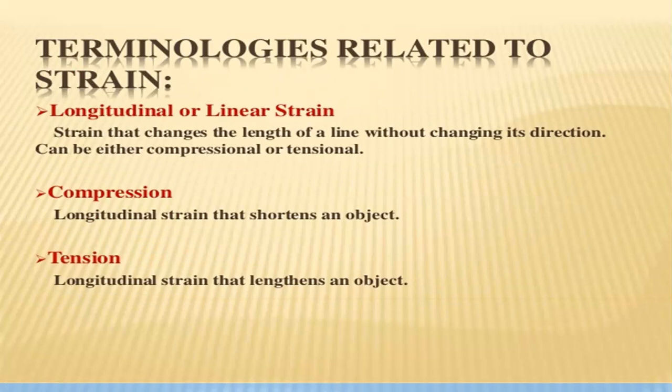What is a longitudinal or linear strain? The strain that changes the length of a line without changing its direction. So the direction is not changed whenever we apply external forces on that object. The applied forces act in only one direction.